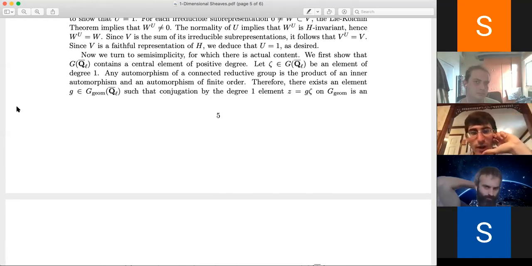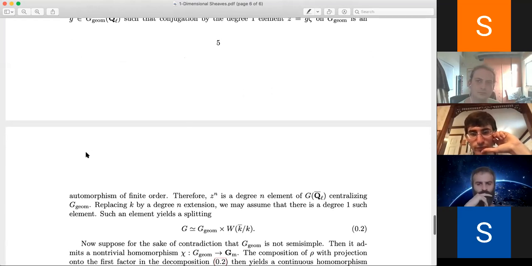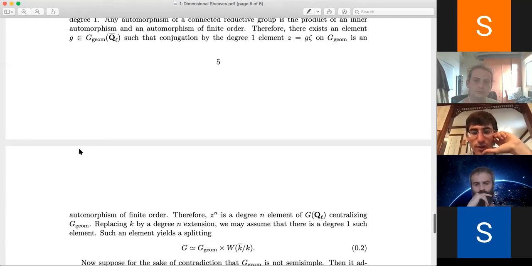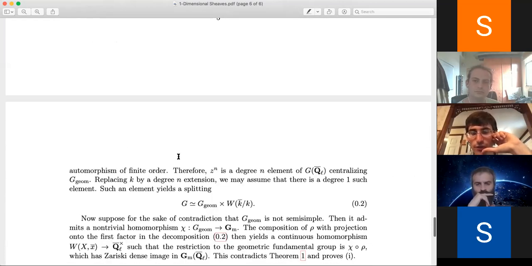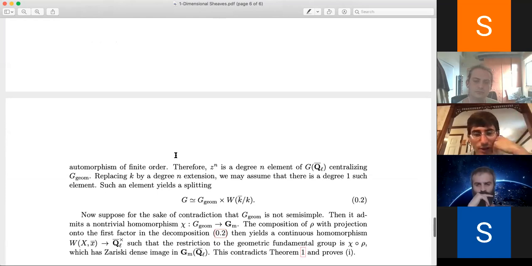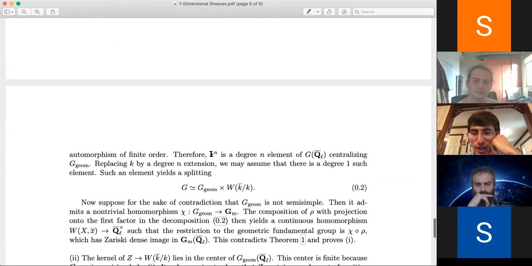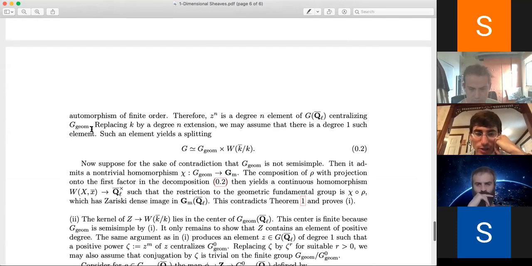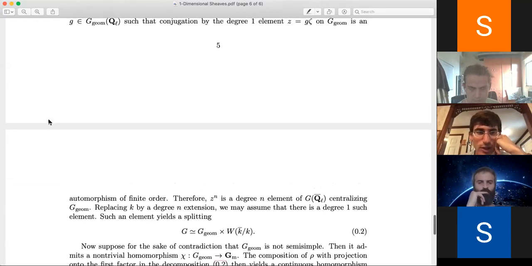The point is, if you modify it by an inner automorphism, which is to say you multiply by a suitable g, then conjugation is of finite order. So this element Z is degree 1, and Z to the n for some positive integer n has trivial conjugation action. So it's an element of G of Q_l bar of degree n which centralizes the geometric fundamental group, which is what we wanted.